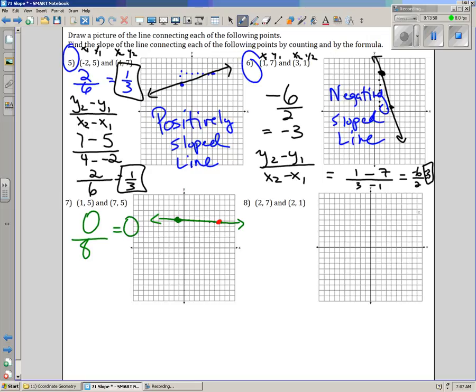Okay? And I'm not even going to bother to use the formula for it. But I want you to understand something. This line is flat. Ms. Zal calls it a lazy line. Okay? It's called a horizontal line because if you think of the horizon, if you watch the sunrise or the sunset, you're looking across.